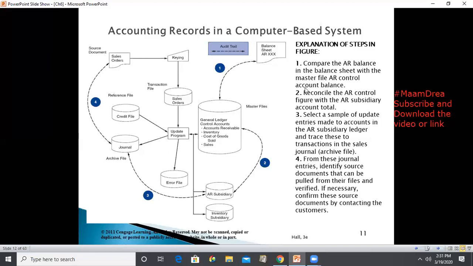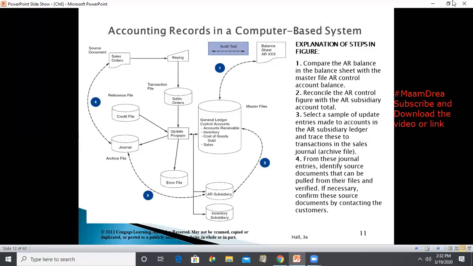Like in the paper trail, the digital audit trail allows us to do transaction tracing. Again, we as auditors have the responsibility to evaluate the accuracy of the AR figure or amount in our balance sheet or financial statements.